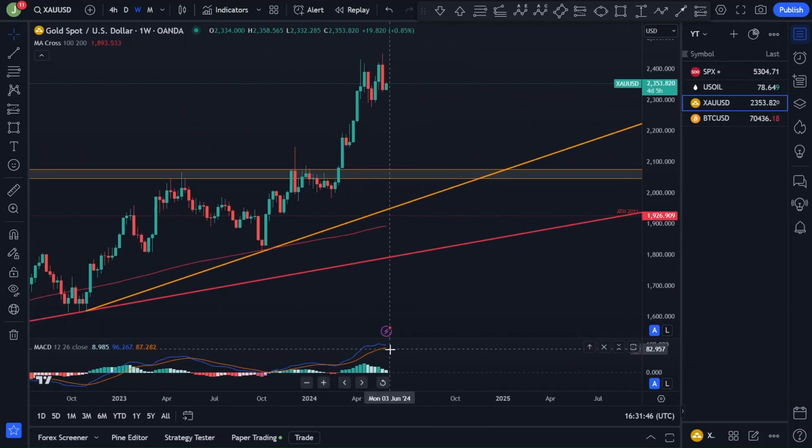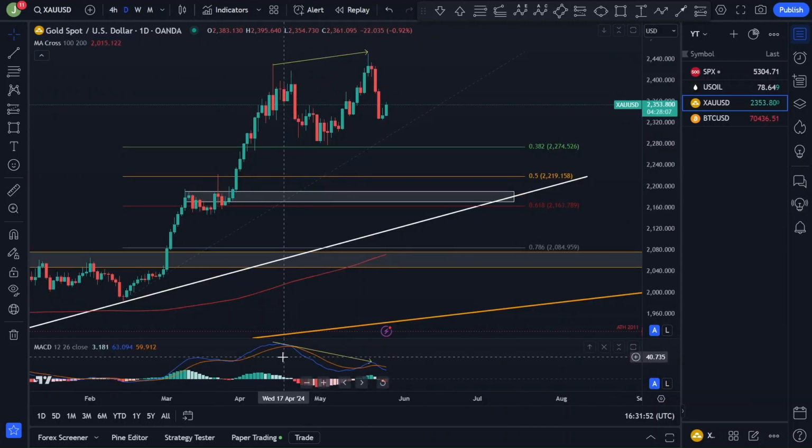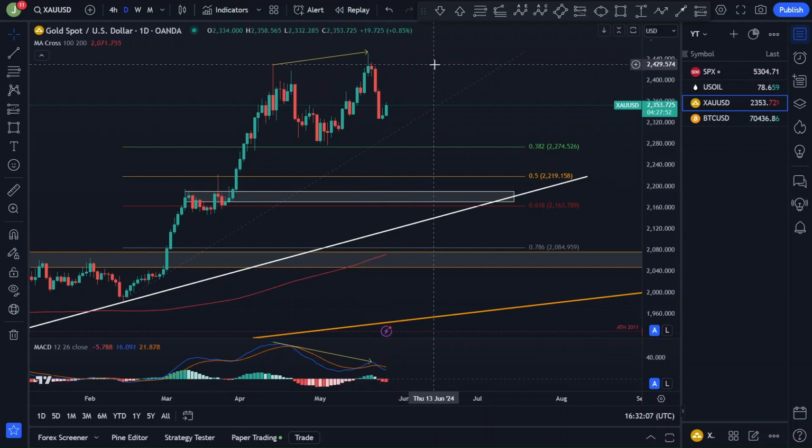The MACD looks like it could cross in the near term, and also on the daily we can see that the MACD has a divergence, because price makes higher highs while the MACD makes lower highs, and oftentimes that is a sign that price will move lower from here.